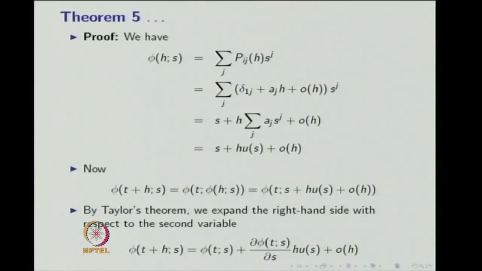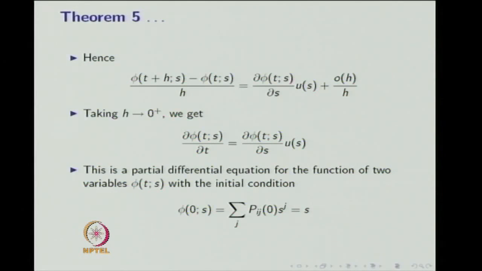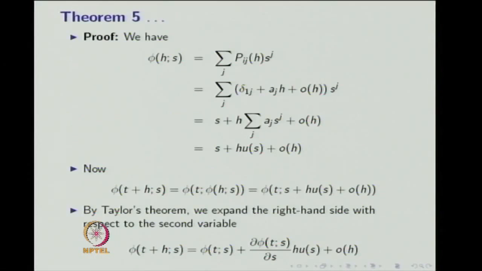Throughout divide by h and take psi(t, s) to the left side. Therefore, the left hand side becomes (psi(t + h, s) minus psi(t, s)) divided by h, whereas the right hand side will be the partial derivative of psi with respect to s times u(s), plus order of h divided by h.